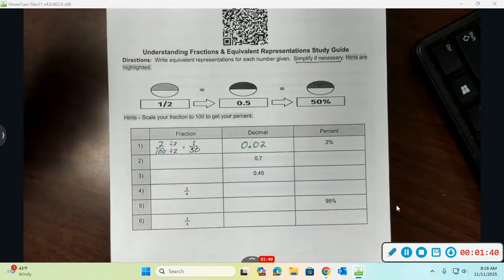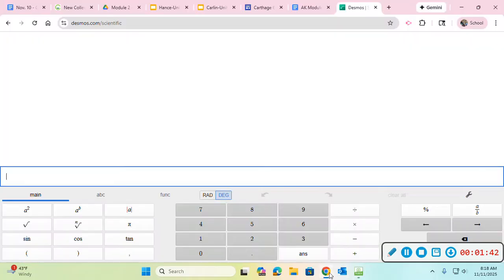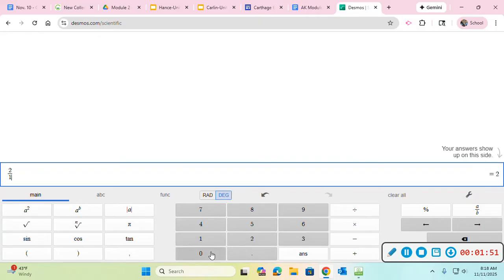Now, you can also put that in Desmos. If you know your 2% is 2 over 100, it will give you the decimal 2 hundredths, and if you hit this button, convert to a fraction, it simplifies it for you to 1/50th.